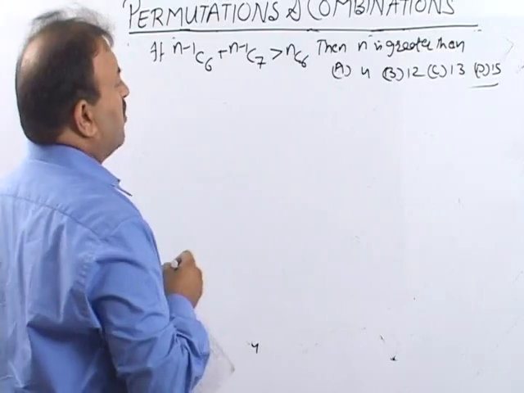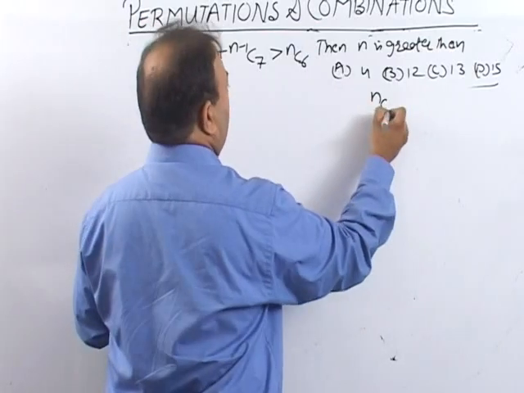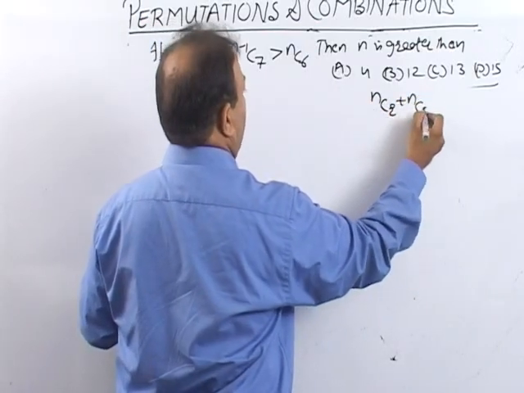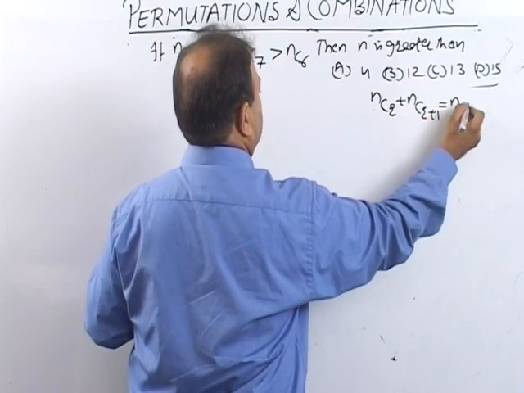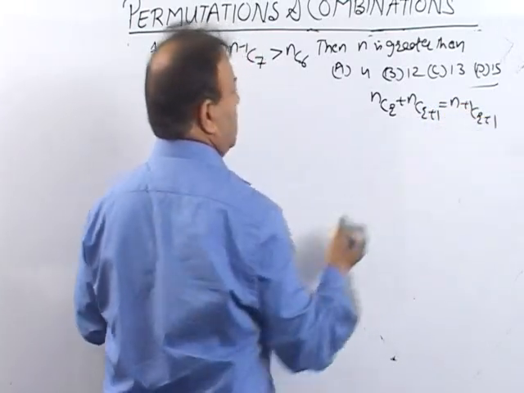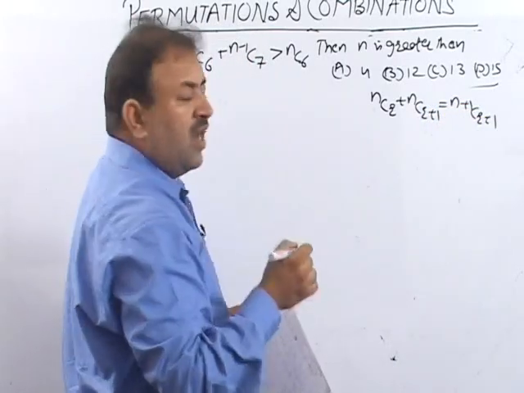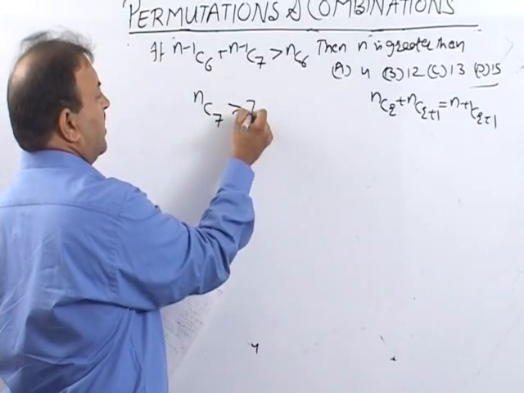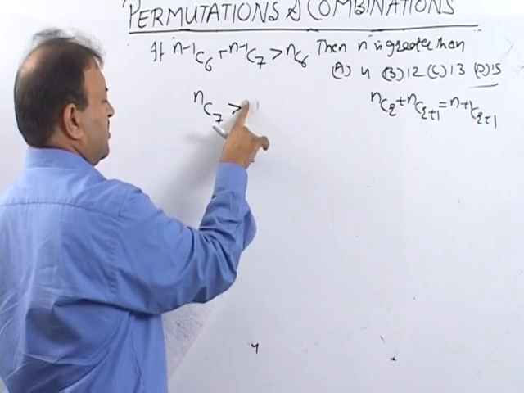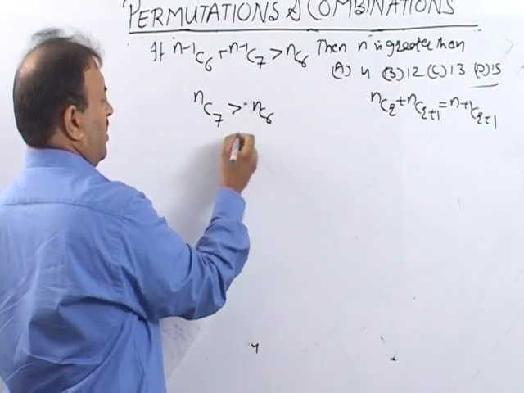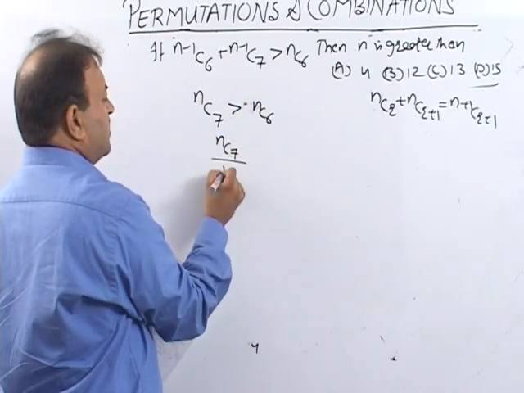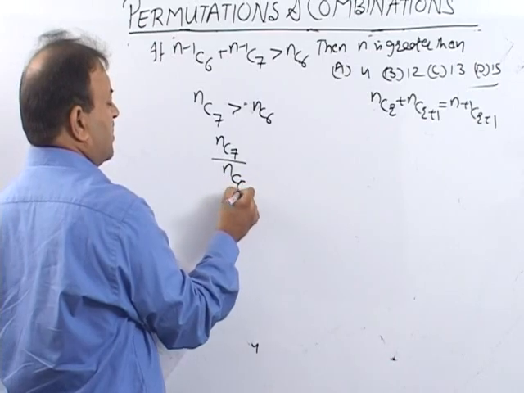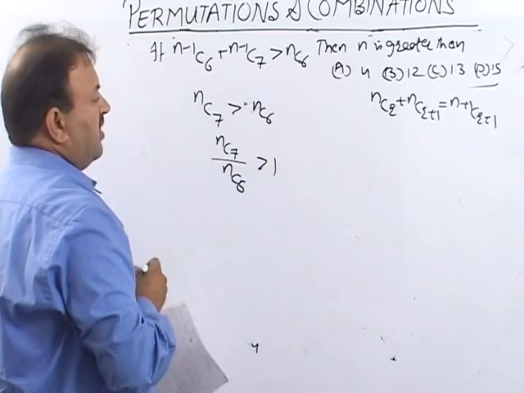Now same formula, that is nCr plus nC(r+1) is equal to (n+1)C(r+1). What I'll do over here, यहाँ पे लिख देंगे, it becomes nC7 greater than nC6. It will come down to nC7 over nC6 is greater than 1.